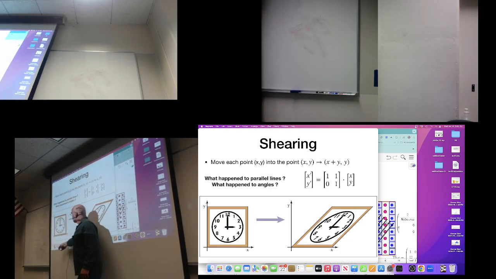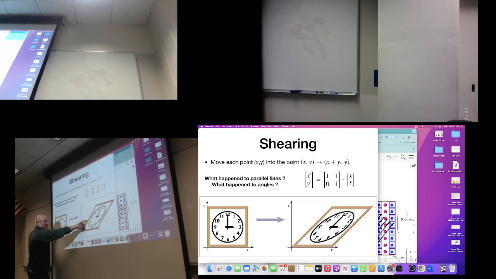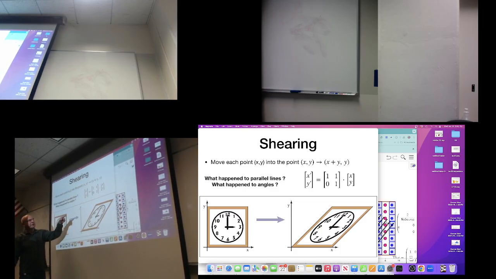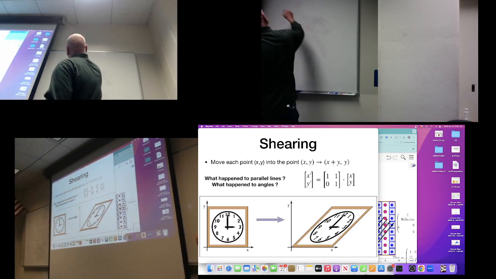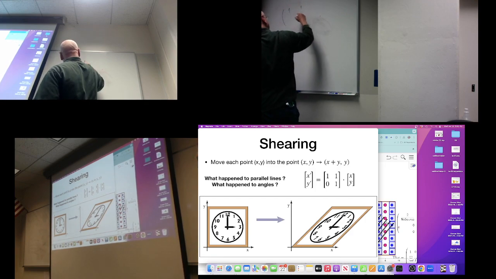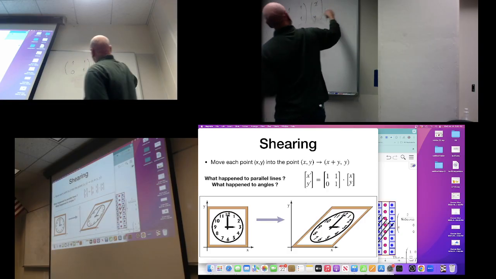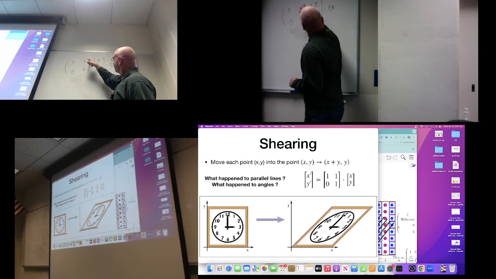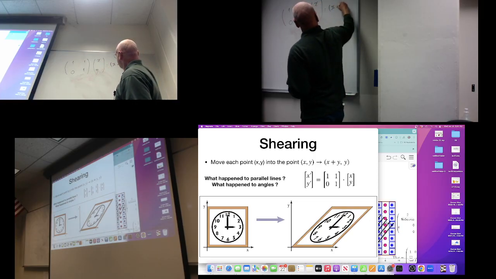And this vertical edge that was with x equals 0, now every point along it shifts to the same point where the x is still 0, but I'm adding the y as well. That is, when I do this matrix multiplication, 1, 1, 0, 1 times x, y gives me x times 1 is x, plus 1 times y, plus y.